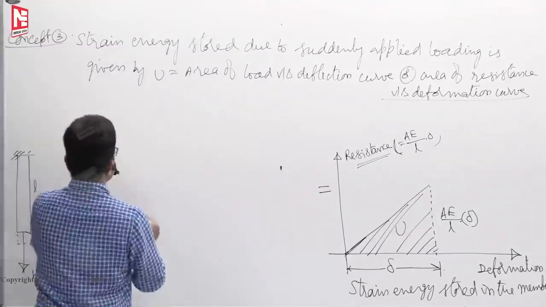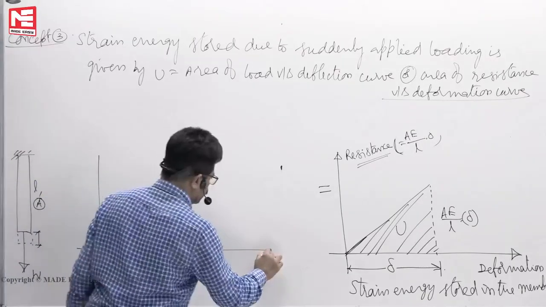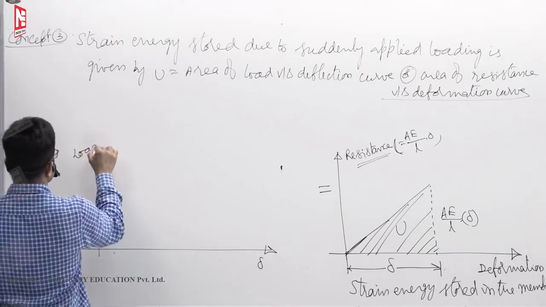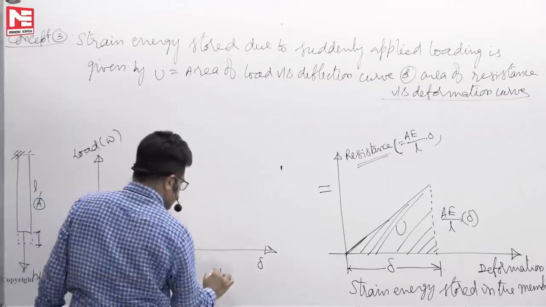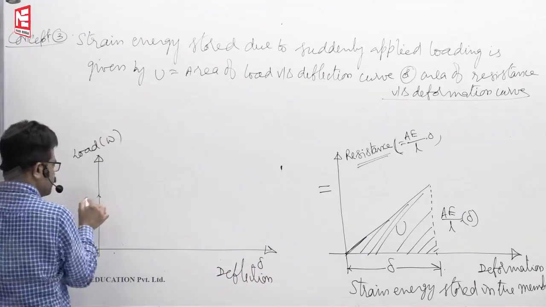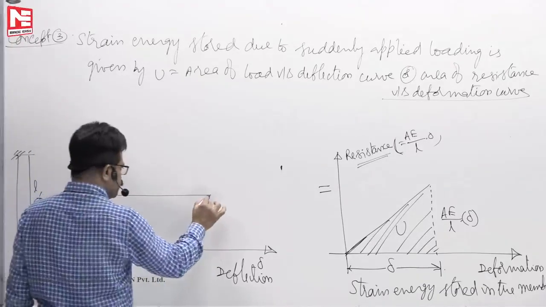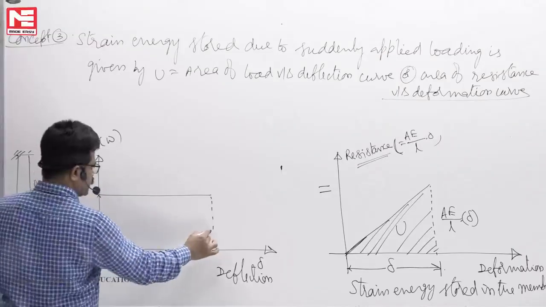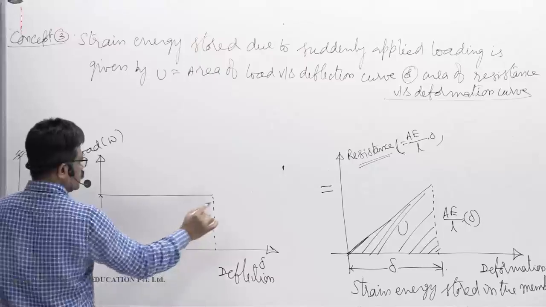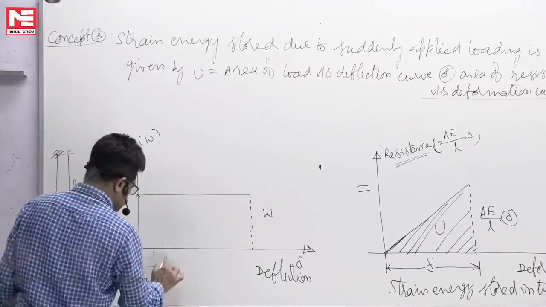Since the load is applied suddenly, this load versus deflection curve will go now something like this. Load versus deflection. Now you have started, beginning itself load W is there and it will go like this. If it goes down by delta, let us say, this delta now, this ordinate is W, this is delta.